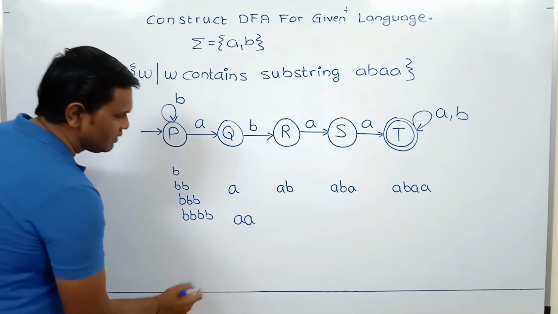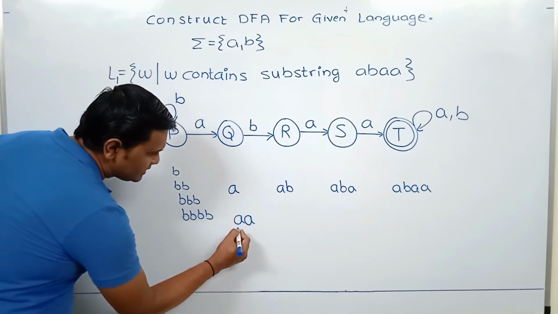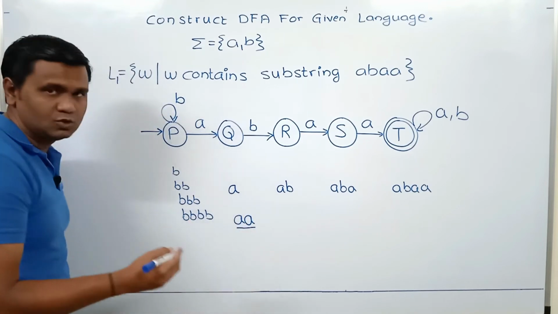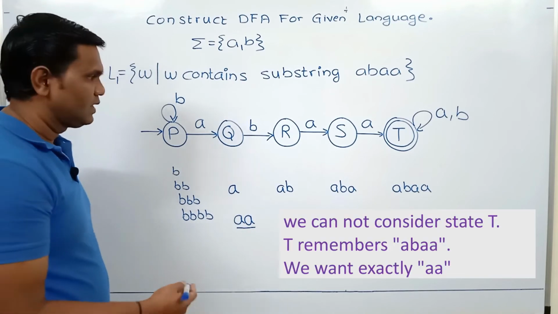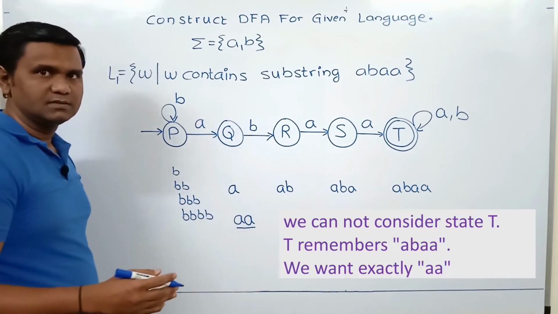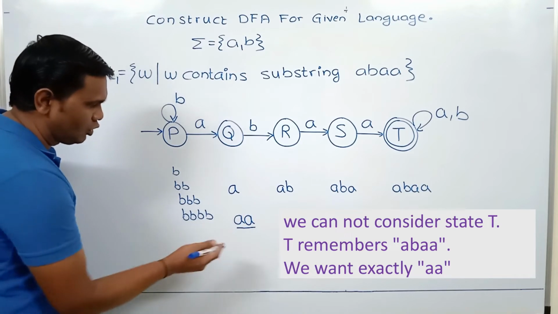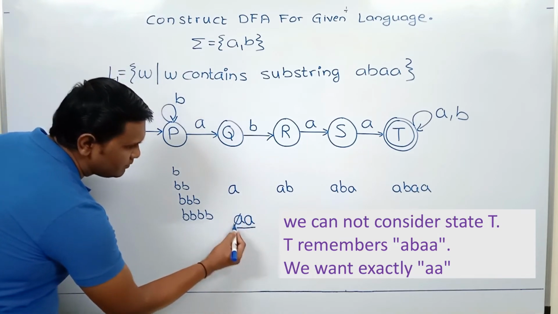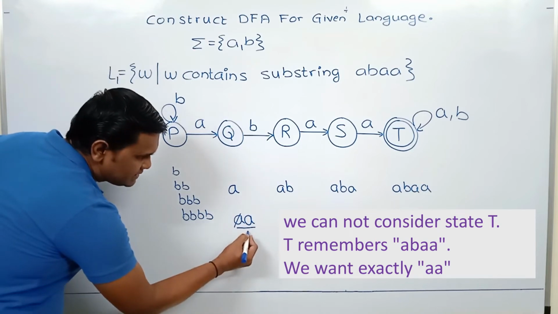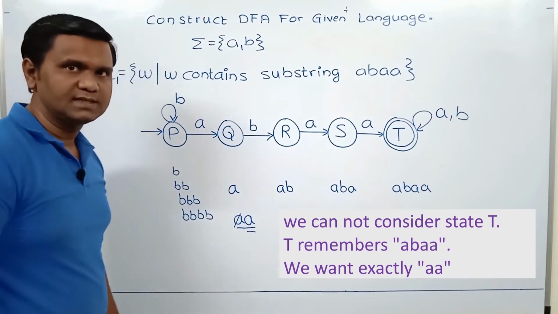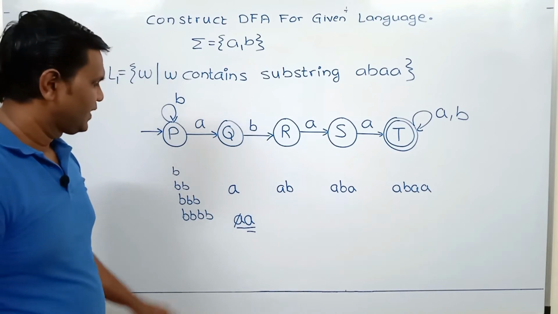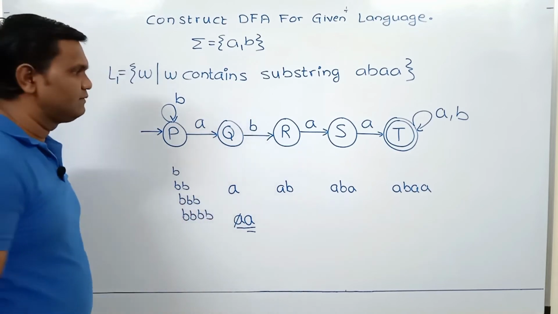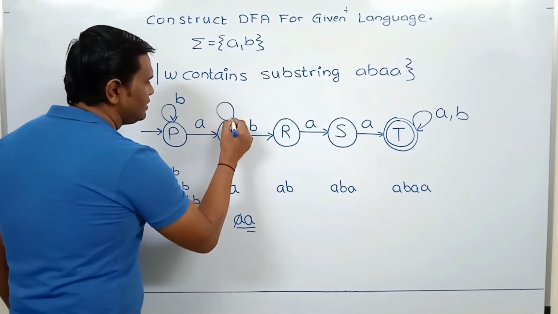So we have to check whether there is any state where the last two symbols are AA. In this case, there is no such state. So what we do is we ignore the leftmost symbol and check if there is any state where the last seen symbol is A. So it is state Q itself. So we add this loop.